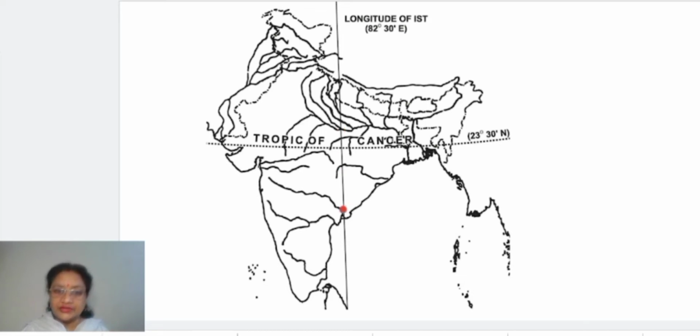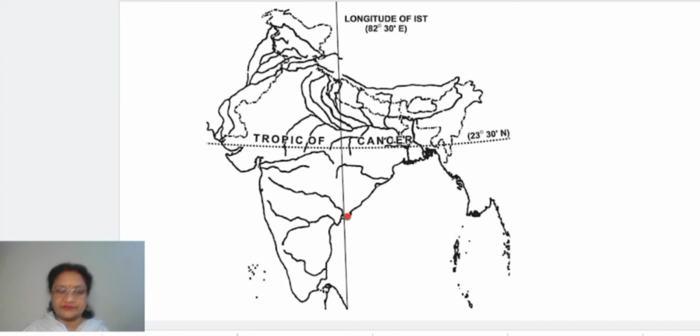Third one, when you come down, the Godavari river is forming a delta here, right? The first delta is of Godavari and the lower one is of Krishna. Now the upper one means the Godavari delta. You have to take almost the midpoint of the Godavari delta, right?